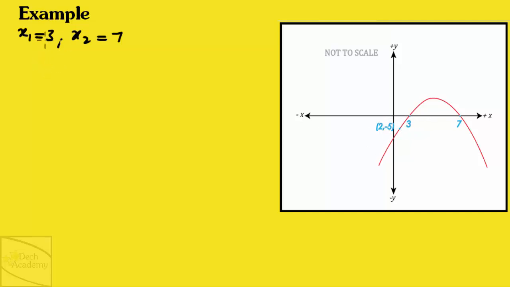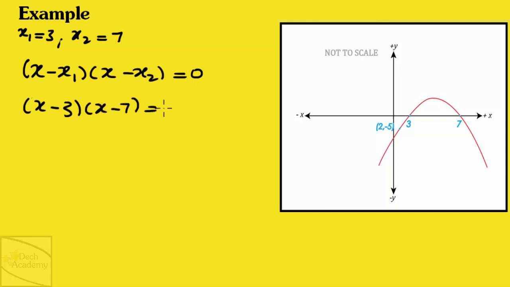The first thing to do is to construct an equation which has these roots. And remember, constructing an equation from roots involves doing the following. In our case, x1 is 3 and x2 is 7. If you expand it, that's kind of a way of revision.